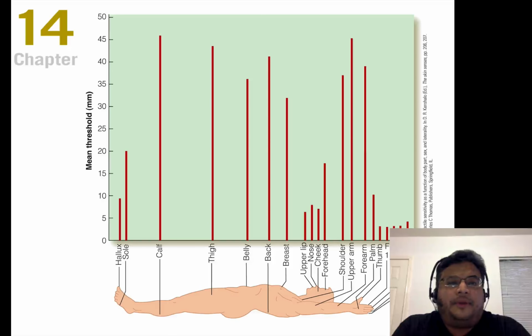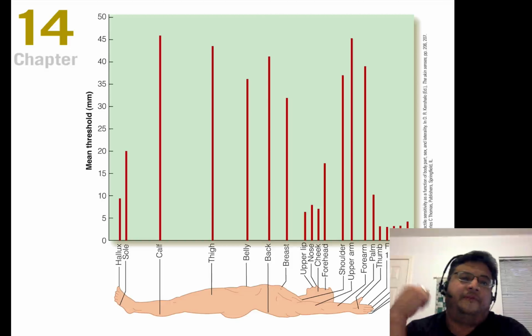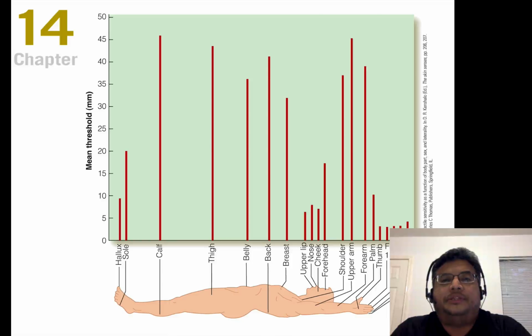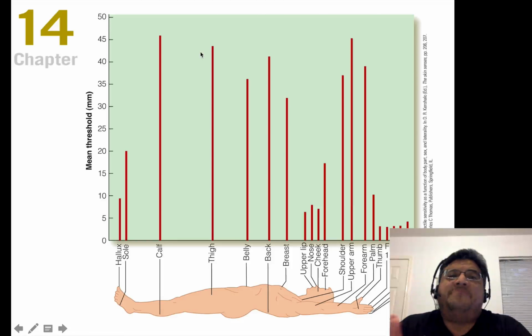So here's a map of touch thresholds. So the higher the bar, the higher the threshold, meaning that the less sensitive the part of the body is, and the lower the bar, the more sensitive the body is.